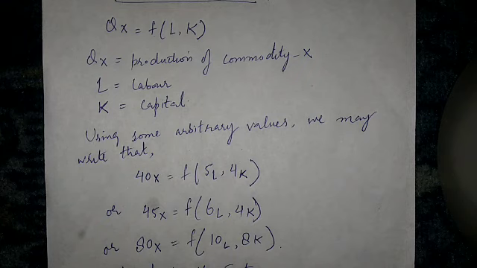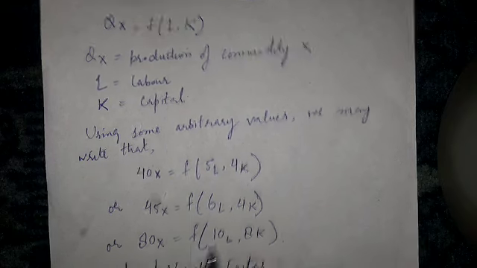Over time, technical know-how may improve. Accordingly, it may become possible to produce 110 units of commodity X instead of 100 units with the same input. It is the situation of shift or change in production function. See, this is the concept of production function.